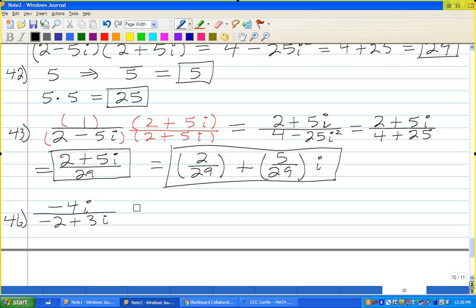Okay, so I want to rationalize the denominator. So I want to get rid of the i in the denominator. So let me multiply and divide by the conjugate of the denominator, negative 2 minus 3i, and divide by the same quantity, negative 2 minus 3i.